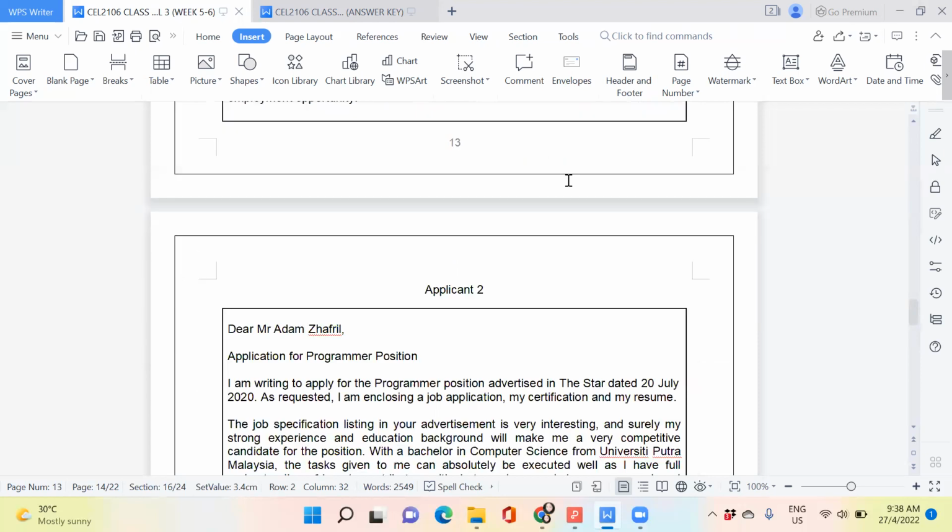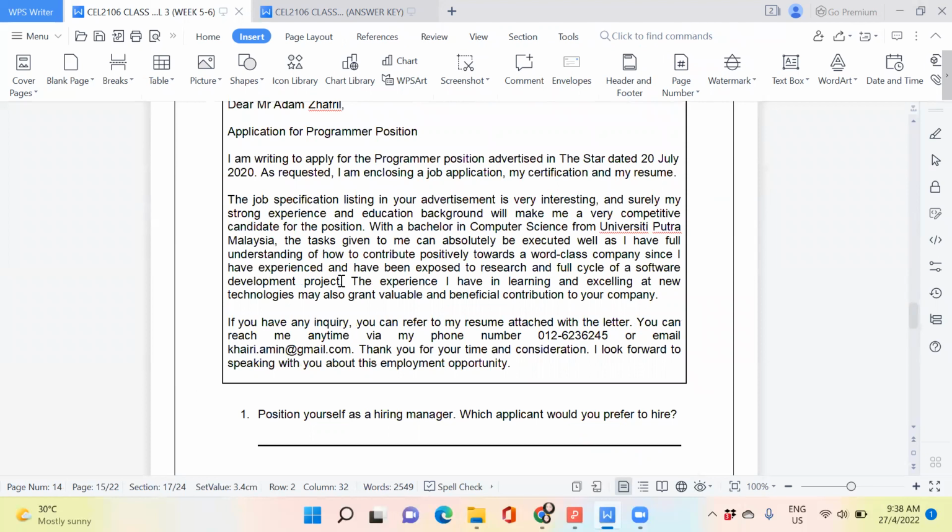So you have to invite your future employer to look at your letter. For example, you say, if you have any inquiry, so in a way you are being polite. You are inviting the hiring committee to have a look at your resume. So dia macam lagi polite as compared to the sentence in sample one.